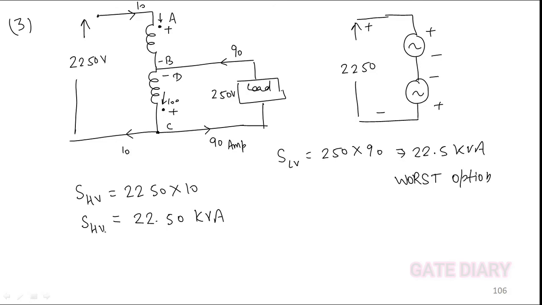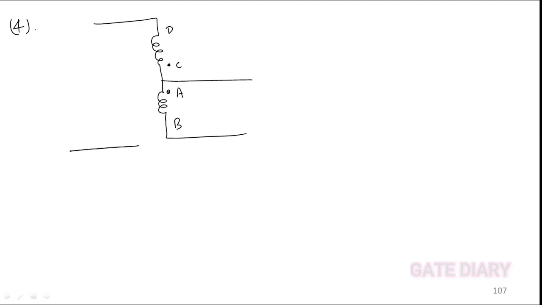Next option, this is also subtractive. You can connect in this fashion. This is C and D. Connect the load here. This is the AB winding, A, B. You know the voltage across. This is plus, minus, and plus, minus.